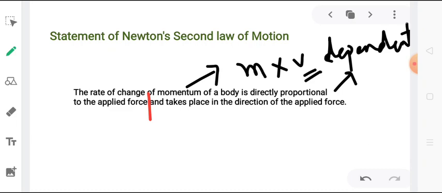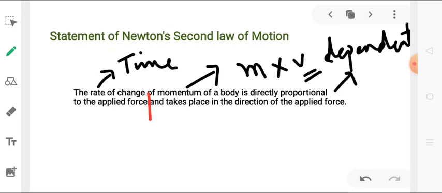Now there is a term called rate of change. So rate of change means we are trying to find out the change in momentum with respect to time. So the change in momentum of a body with respect to time is directly dependent on the force applied. Now this is one part.